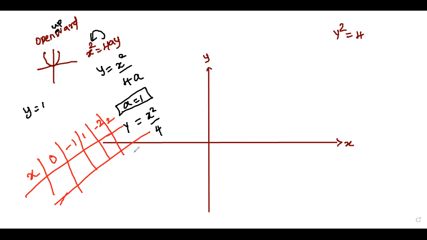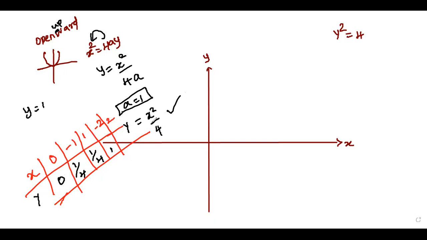I will be having the value of y as 0 by 4, which is 0. If I substitute -1, I'll have 1 by 4, because the -1 will turn into positive when I do the square. Again, I'll have 1 by 4. If I substitute -2, square will be +4. +4 upon +4 will give you 1.